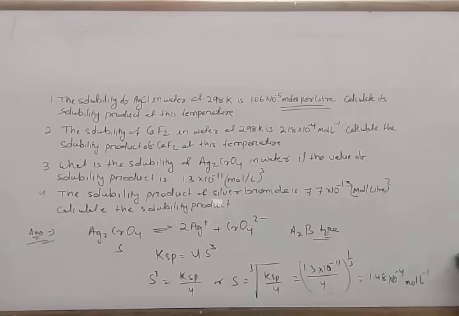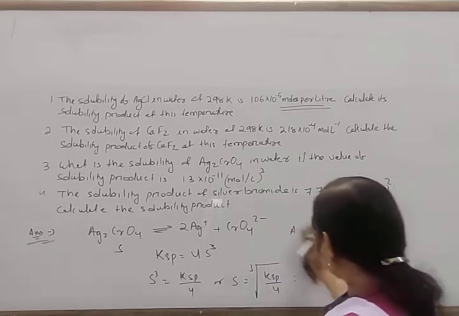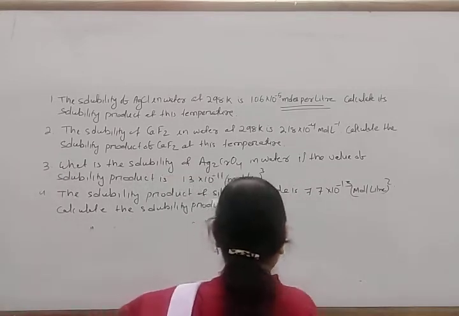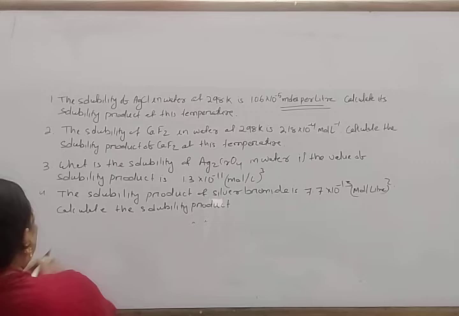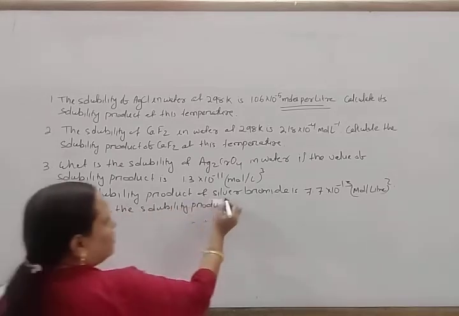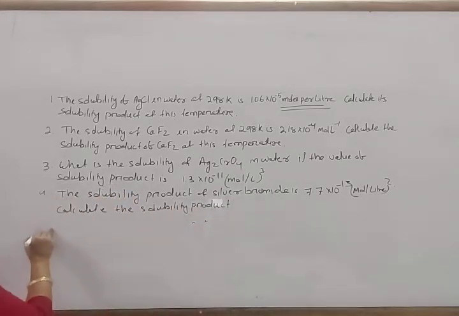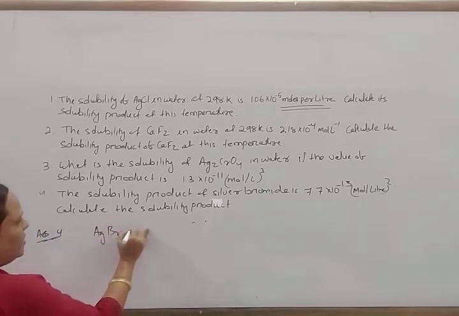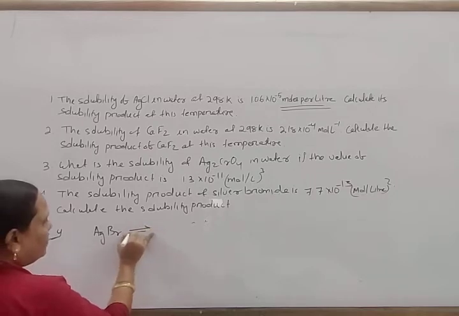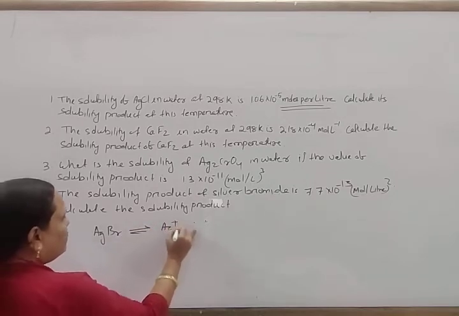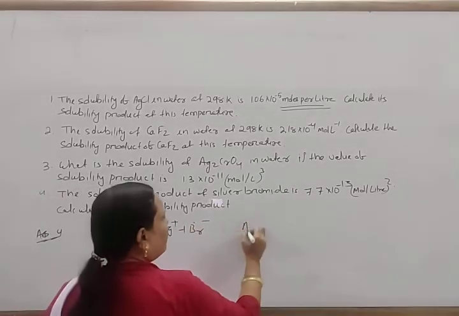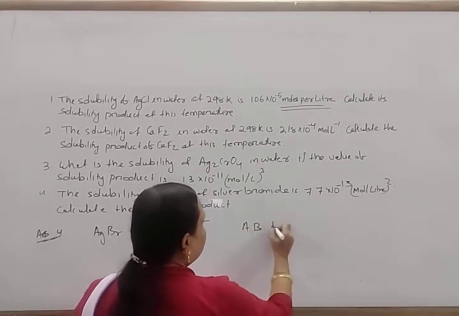Next, come to question number 4. In question number 4, the solubility product of silver bromide is given. Silver bromide, AgBr, gives rise to Ag plus and Br minus. This is again an AB type salt.